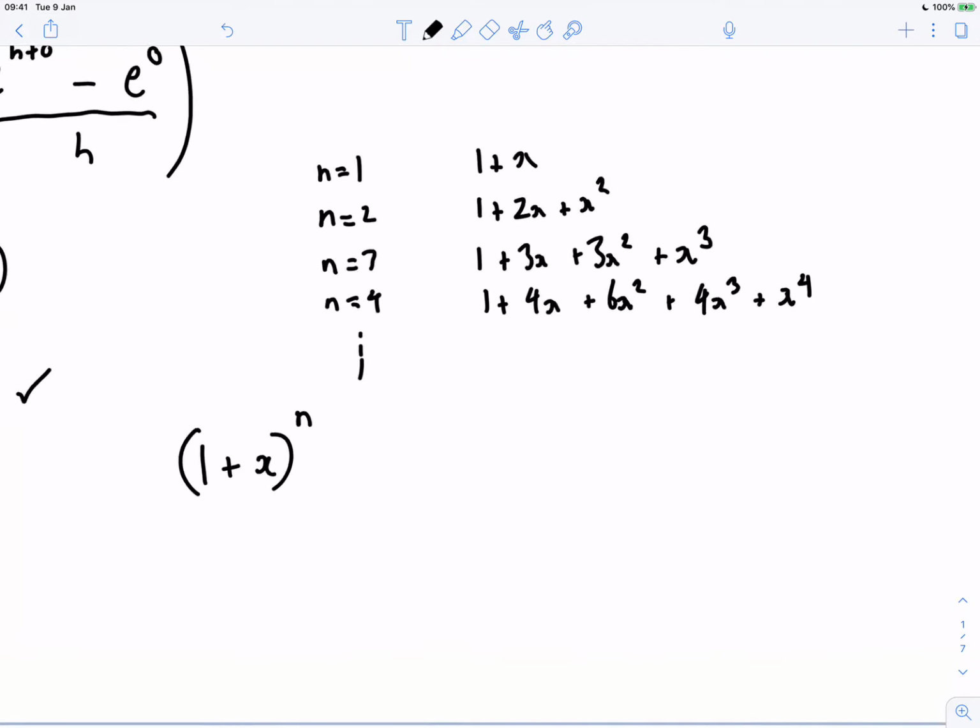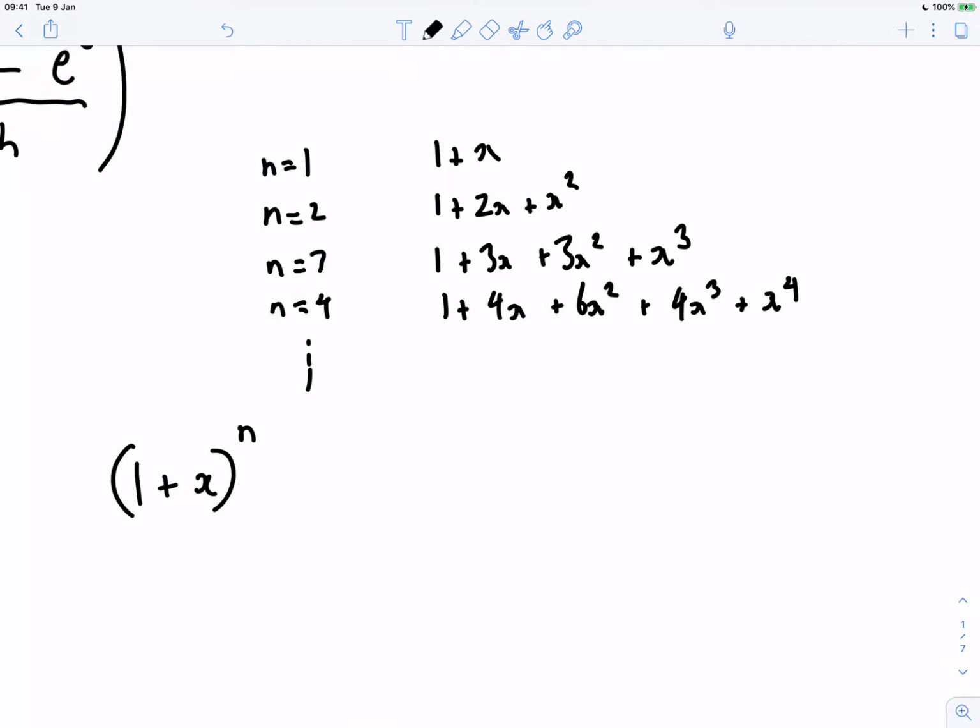Now, as you can probably see, there's a pattern going on. We're always going to start with 1. Now the next term, it might not be so obvious, but this is just going to be n times by x.